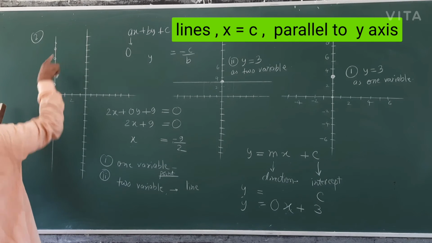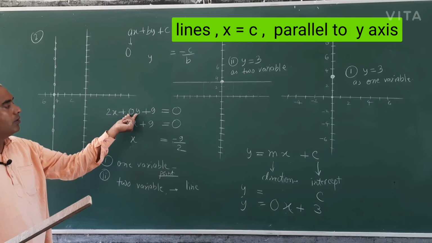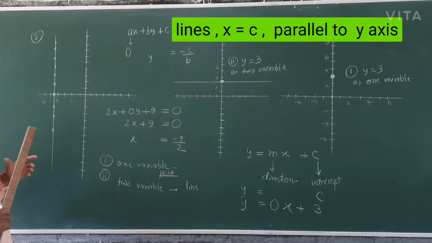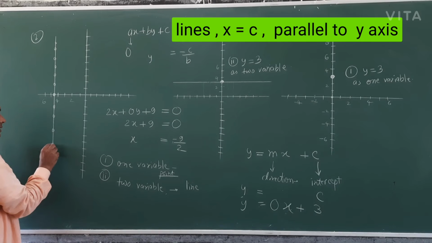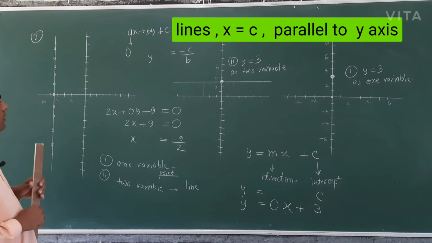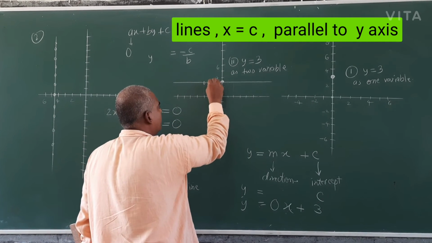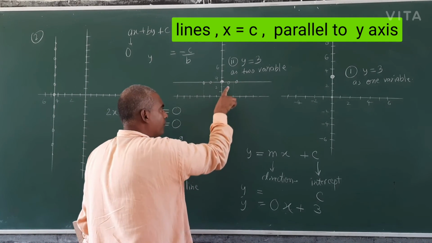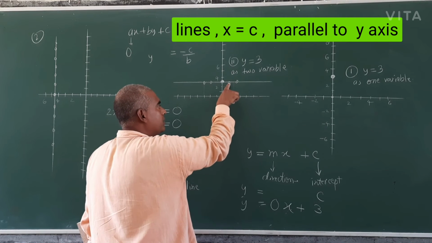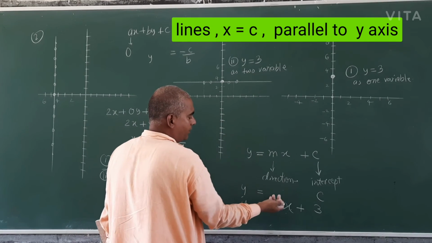The y value changes, because if you change y, 0 into y is 0, so all the values of y will satisfy this equation. Similarly for x equal to 1, y is 3, x equal to 2, y is 3, whatever be the value.